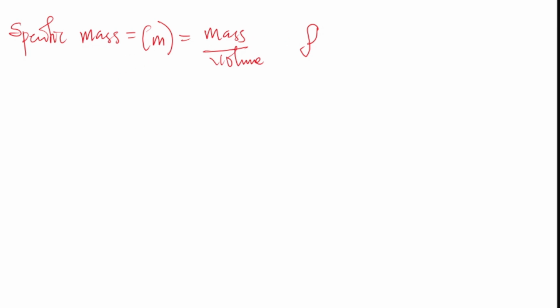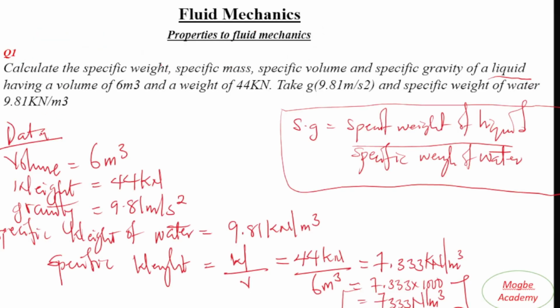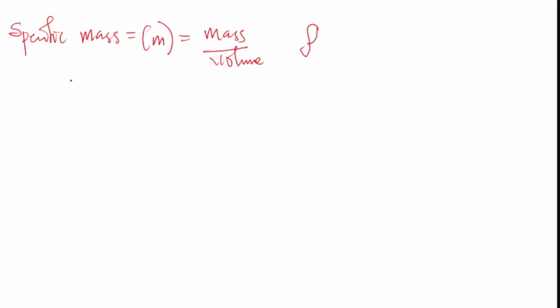Am I communicating? Now go back to our question. Looking at our question, are we giving mass? No, we are not giving mass, right? So what do you think you are going to do to calculate for your specific mass? Remember, when we talked about specific weight, I brought out a formula that says what? W is equal to density multiplied by what? Gravity.